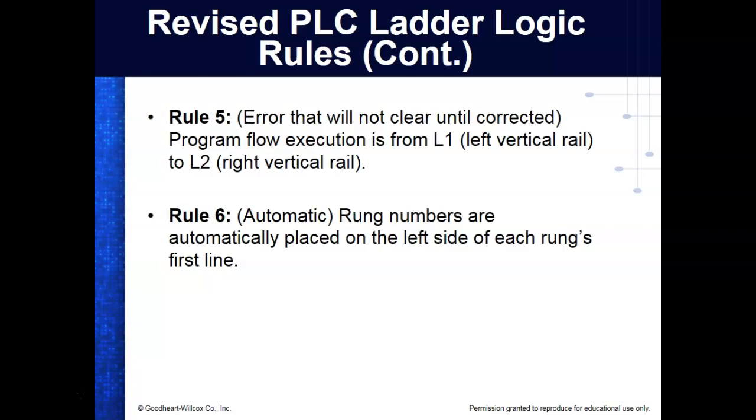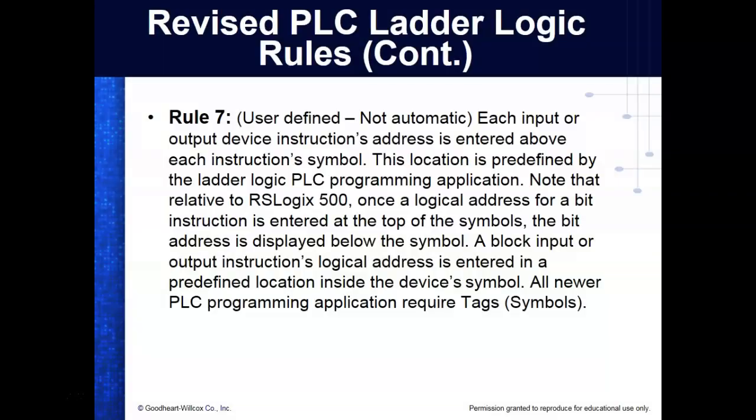Rule 6, rung numbers are automatically placed on the left side of each rung line. So the book says rungs must be numbered, but in PLCs this is automatic. You don't number the rungs; they're automatically numbered for you. Rule 7, each input or output device instruction address is entered above each instruction symbol, and this is automatic too.